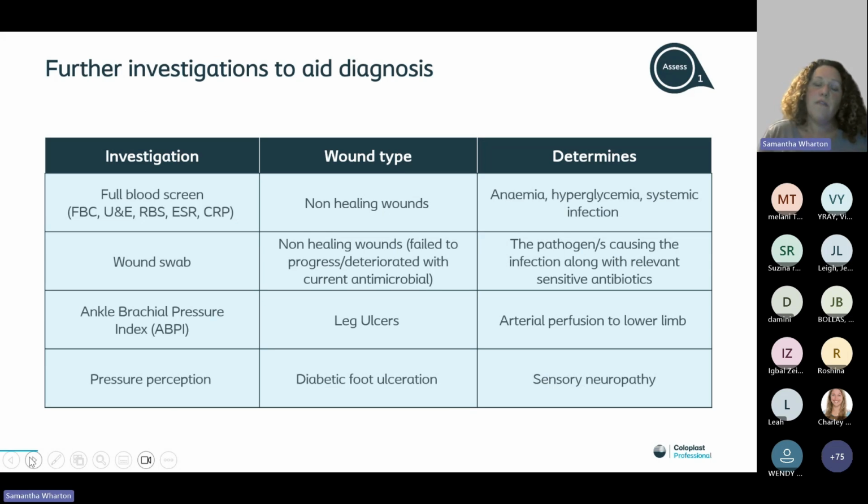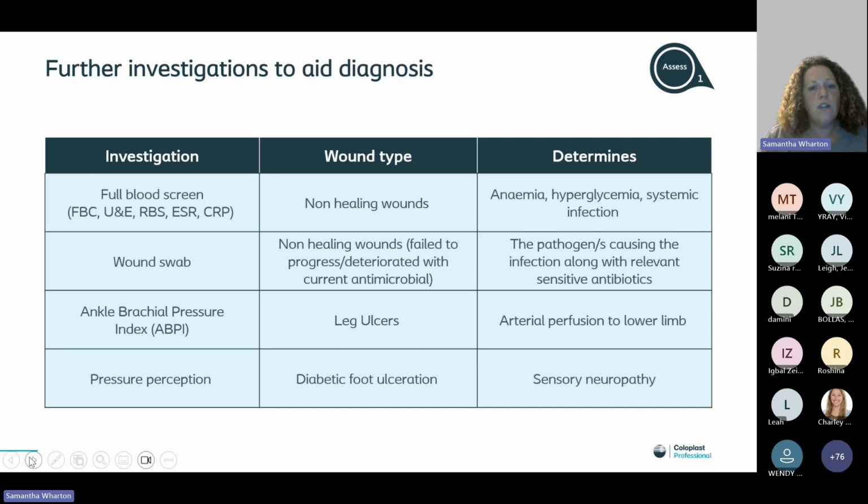You might need to do further investigations to aid diagnosis. So following your own work policies and procedures, you might need to do a full blood screen. You might need to do a wound swab, again, follow your own localized procedures and policies around this.